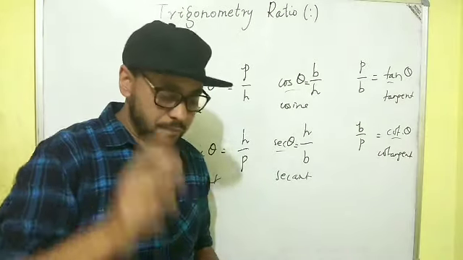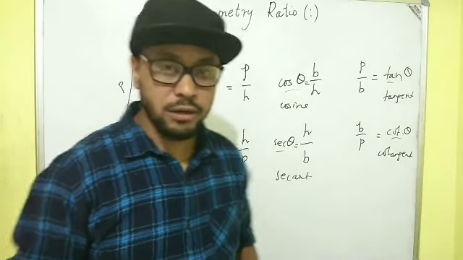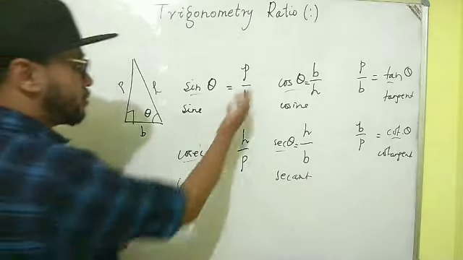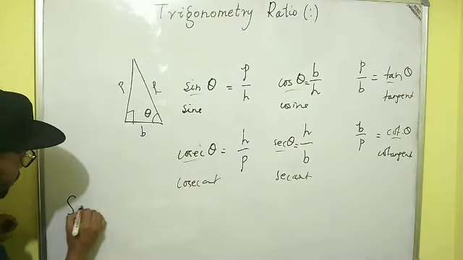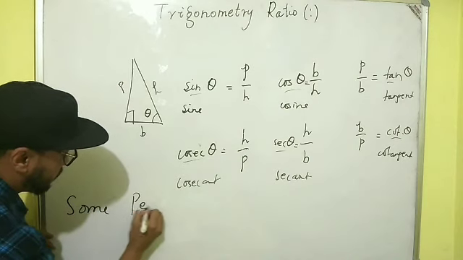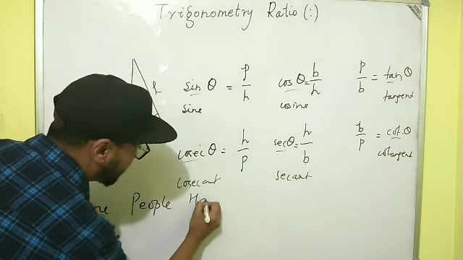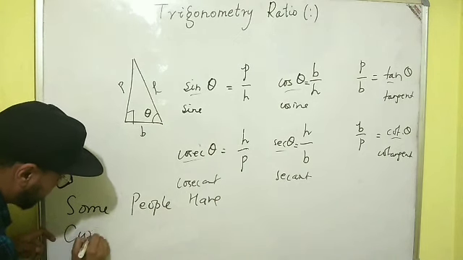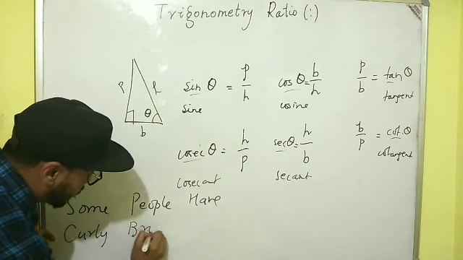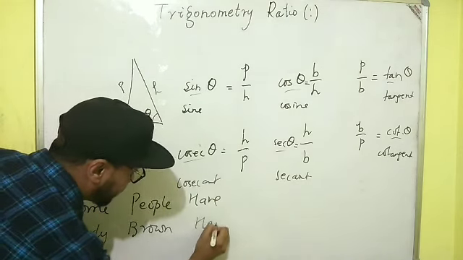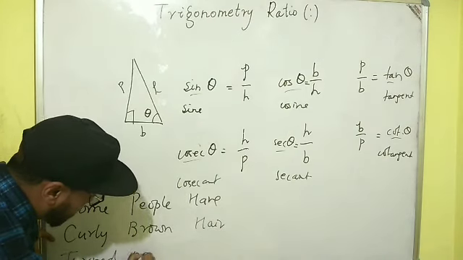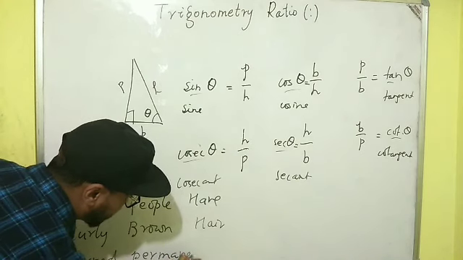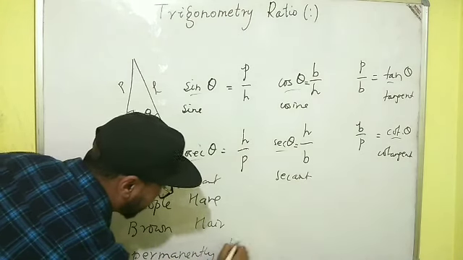Now there is a very easy rule or method to memorize all these trigonometric ratios. It is given by: some people have curly brown hair turned permanently black.